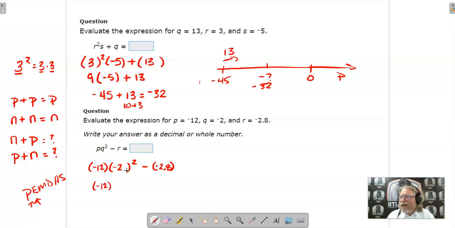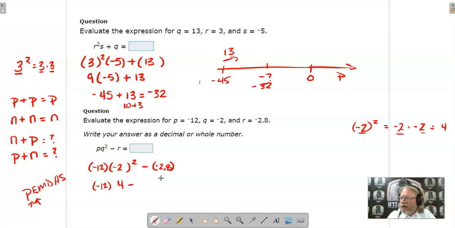And then this negative 2, squared, is equal to, and since the negative sign's inside of the parentheses, that is negative 2 times negative 2. It's the base, negative 2, multiplied times itself. Here we have 2 times 2 is 4, and remember, negative times negative equals a positive, so this is a positive 4 right there.